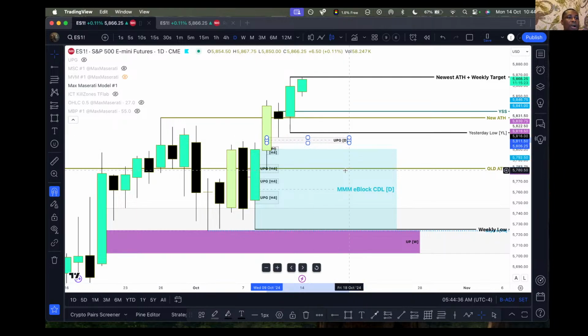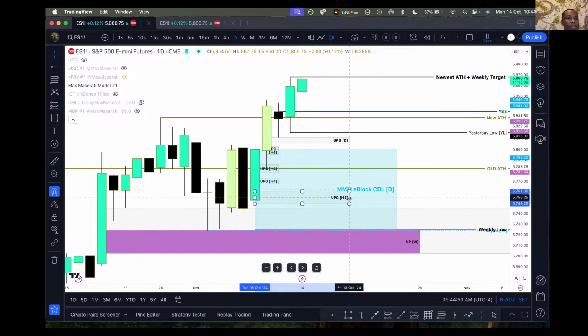However, since we have an MMM external block CDL, and the market seems to have changed at this level with a bullish body close, we're expecting price to react from the MMM block as well, but we don't know how far the market will react from the MMM block.